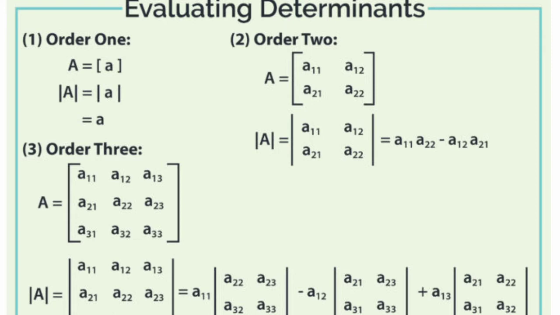The determinant is enclosed by two vertical lines, and we can expand it by doing the cross multiplication, that is a11 multiplied by a22 minus a12 multiplied by a21. For the third order matrix having elements a11, a21 and so on, we can expand by using a11, a12 and a13.